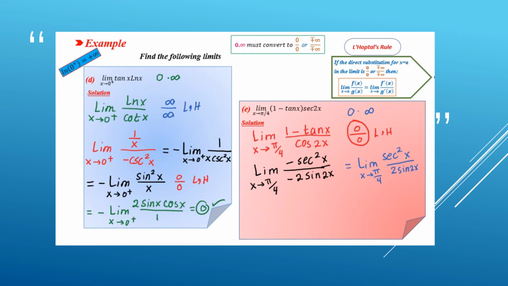So secant of pi over 4 is square root of 2, squared, because we have secant squared, divided by 2 multiplied by sine of 2 times pi over 4. 2 times pi over 4 is pi over 2, and sine pi over 2 is equal to 1, times 2 equals 2. So we have 2 divided by 2, which equals 1. And this is the final answer for part E. And that's it. Thank you.